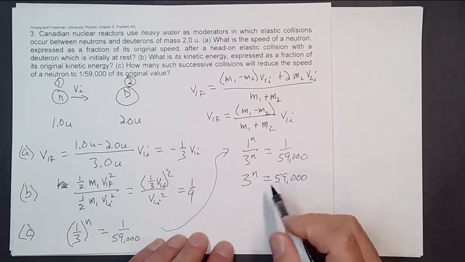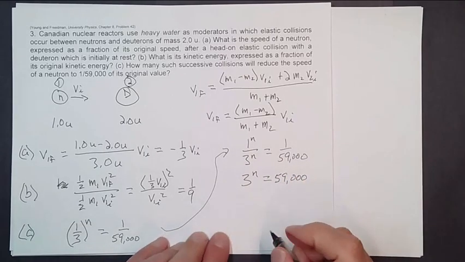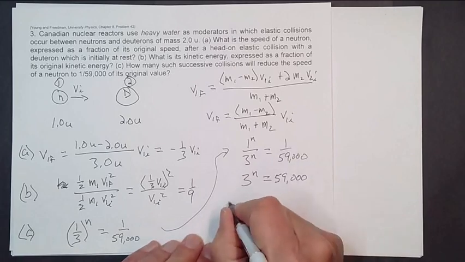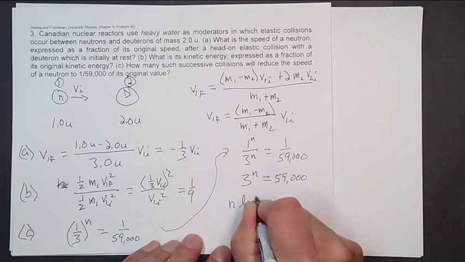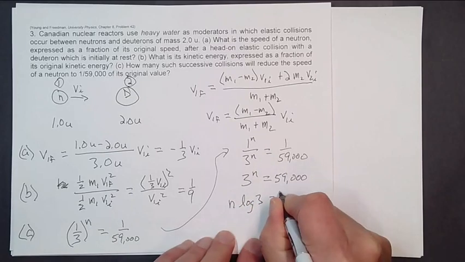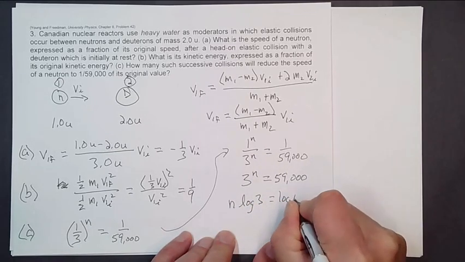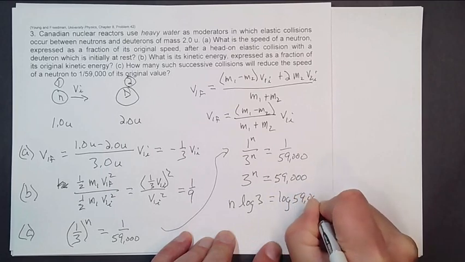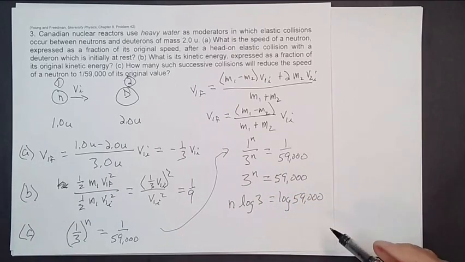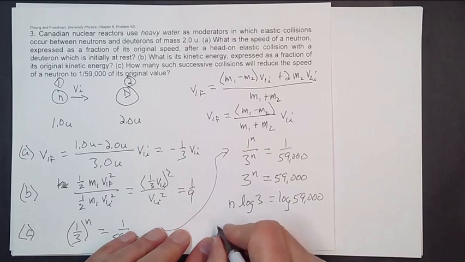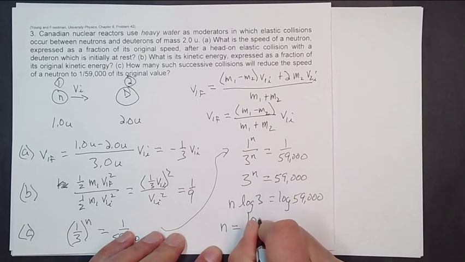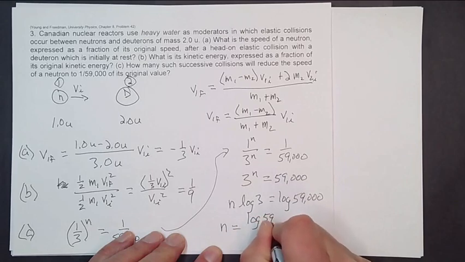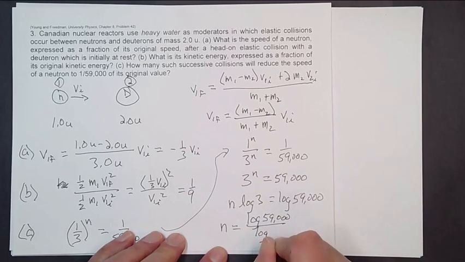59,000. We'll take a logarithm of both sides, and you'll get n times the log of 3 equals the log of 59,000. And you could do the same thing with natural logs or anything that you like. But anyway, n is going to equal the log of 59,000 divided by the log of 3.